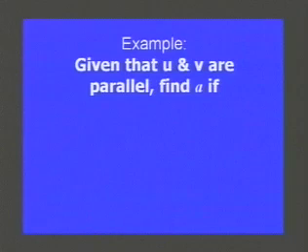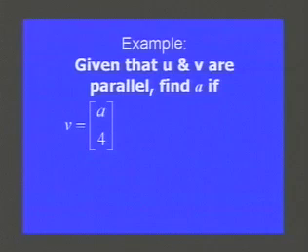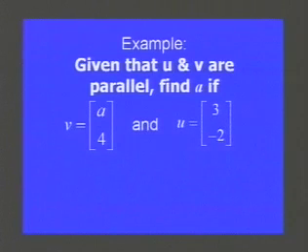Given that u and v are parallel, find a if v is the vector (a, 4) and u is the vector (3, -2). Okay, the key to understanding this problem is to catch the fact that it says they are parallel.